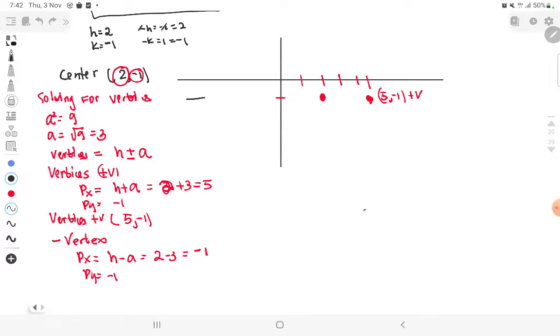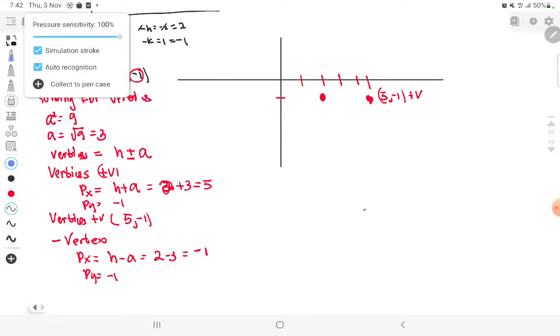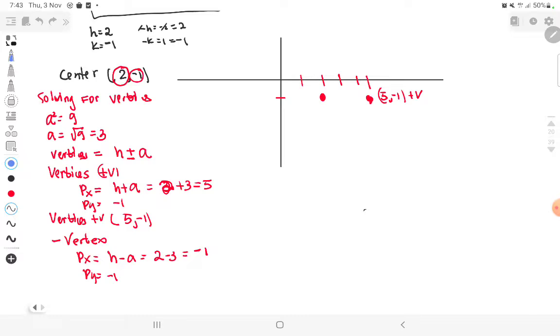Okay, so if I will write this here, this is our major axis. I will just put my negative 1. So this is my negative v, which is negative 1, negative 1.